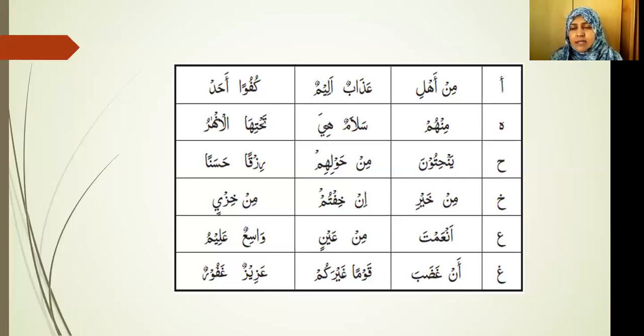Okay. The next is the letter kha, which comes from the top part of our throat. If you remember what we did in lesson number 1, the noon sakin here in the first word is followed by the letter kha. So we will apply id-haar and recite it clearly and show off the noon without any nasalization. Min khayrin or min khayri.